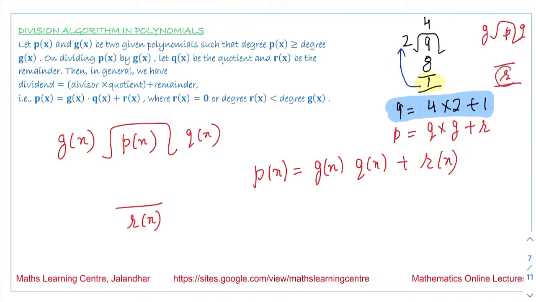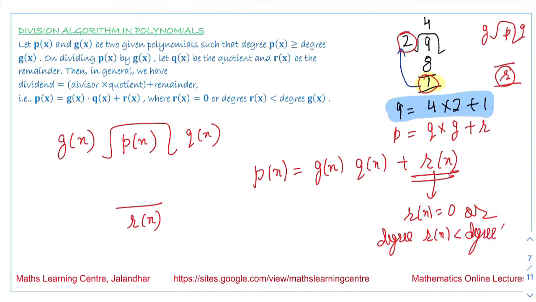Now we stop this division when the remainder is less than the divisor. Similarly, either r(x) is 0 or the degree of r(x) is less than the degree of g(x).